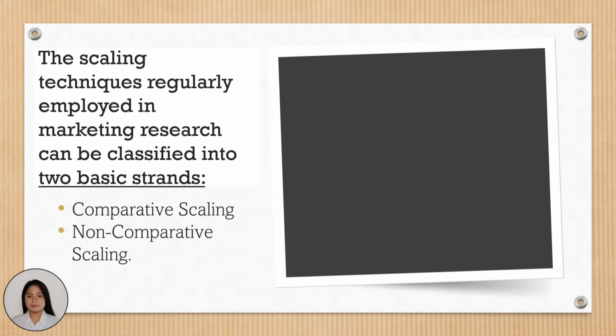Isang halimbawa nito ay yung mga managers na inaalam yung consumer preference regarding sa brand nila tapos i-compare sa brand ng competitor nila. Yung tanong na alin sa dalawang brand ang mas prefer ng consumer ay makakapagbigay din ng malinaw na impormasyon para sa mga managers at researchers.